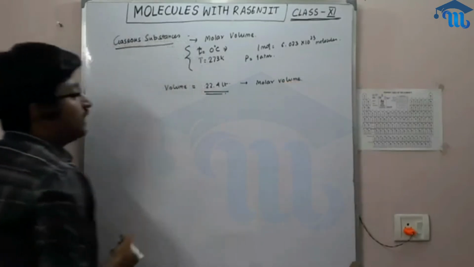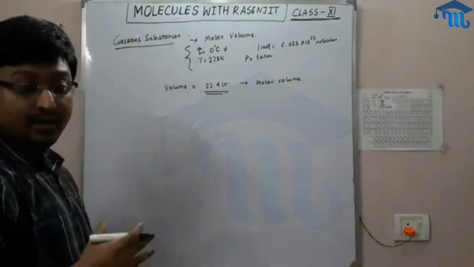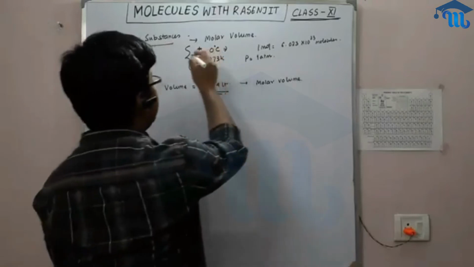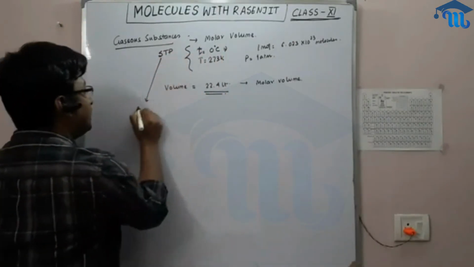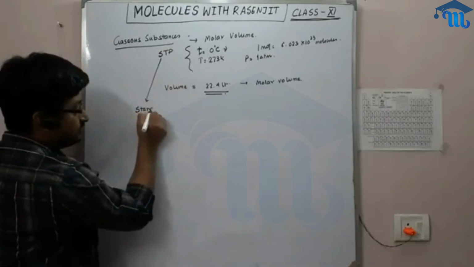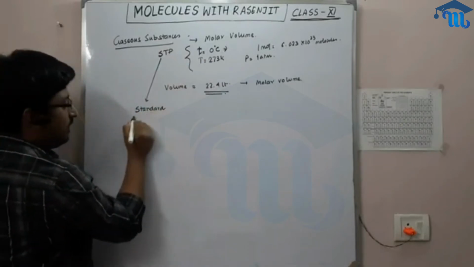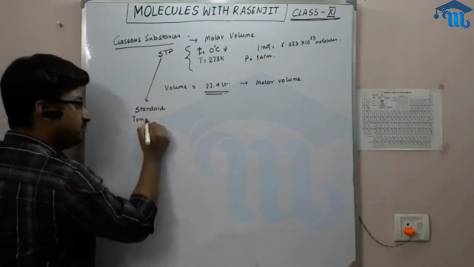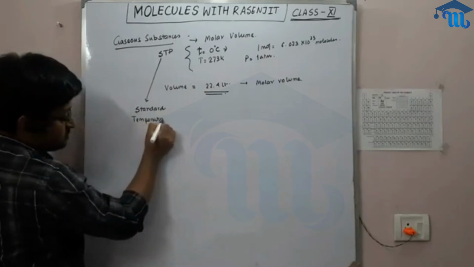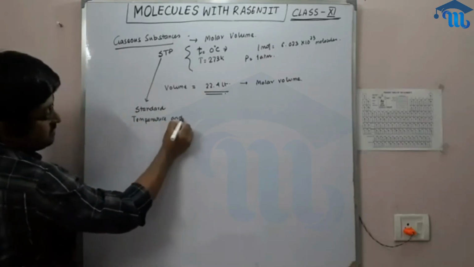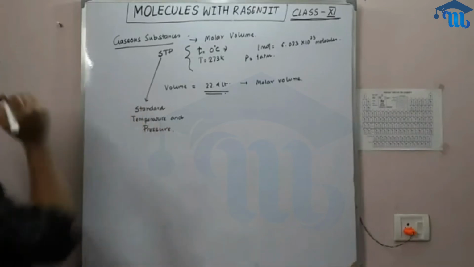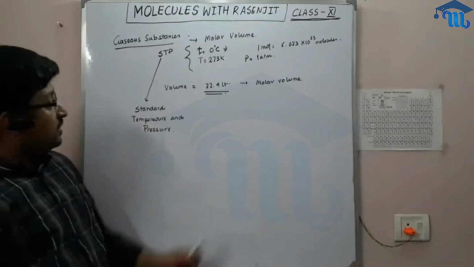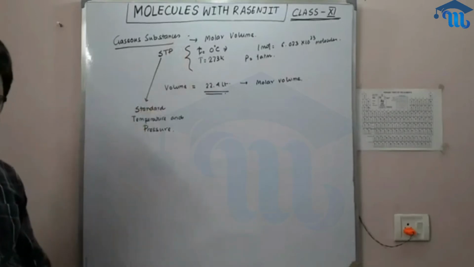This condition is known as STP. Full form of STP: standard temperature and pressure. So this is how the concept of the molar volume came.